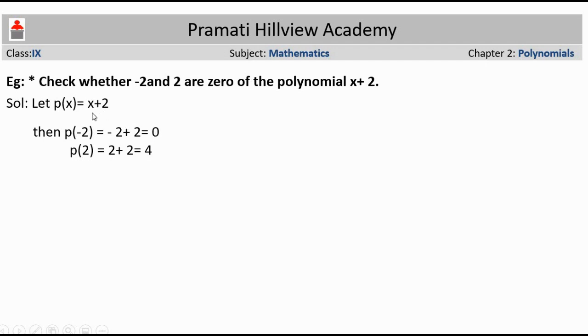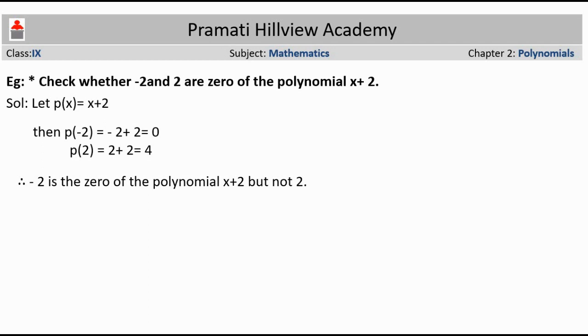That is, substituting minus 2 in place of x. Then, when x is equal to 2, p of 2 will be equal to 2 plus 2, which is equal to 4. Here, when x becomes minus 2, the polynomial becomes 0. Therefore, minus 2 is the zero of the polynomial x plus 2, but not 2.